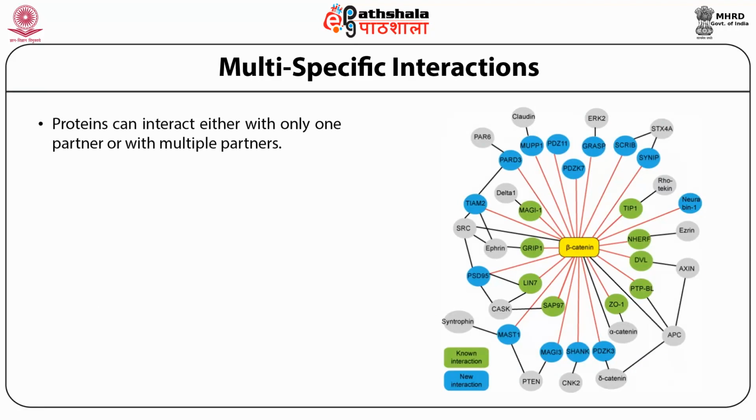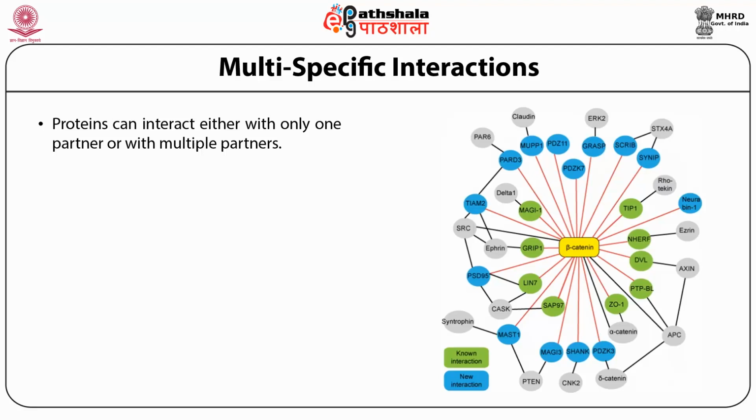The other major important factor is that many proteins can form multi-specific interactions. So for example, in this example, we are showing beta-catenin can interact with many different proteins. There are of course proteins that form only very specific interactions, and they might be interacting with only one other protein. But things like beta-catenin and PCNA, which is involved in DNA replication, interact with many different proteins, and they form many different subunits.